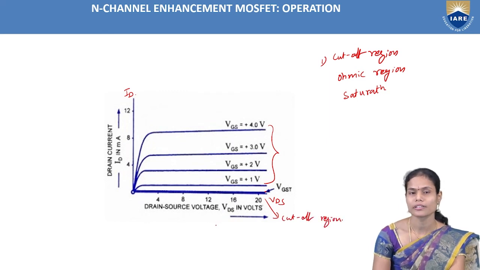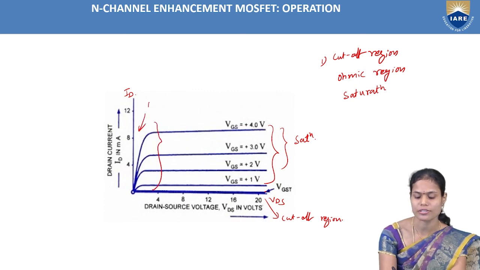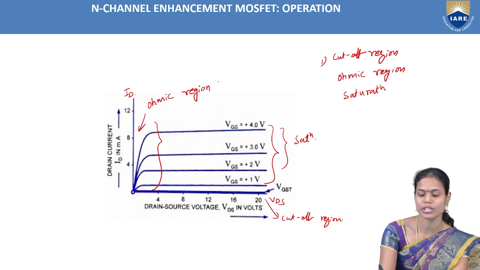And where we are getting the constant or increasing current, that indicates the saturation level. And where if you increase the voltage, you are observing a corresponding increment in the current, this particular region we can call as ohmic region or triode region.